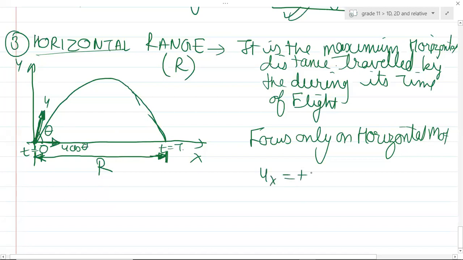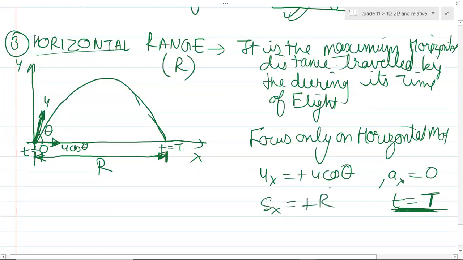The ux will be plus u cos theta, acceleration will be 0. Time will be equal to capital T. This is to be noted for the complete projectile motion, till the time it doesn't hit the ground. And the displacement is basically plus R. This is the convention which I have chosen. Positive, negative, positive, negative.